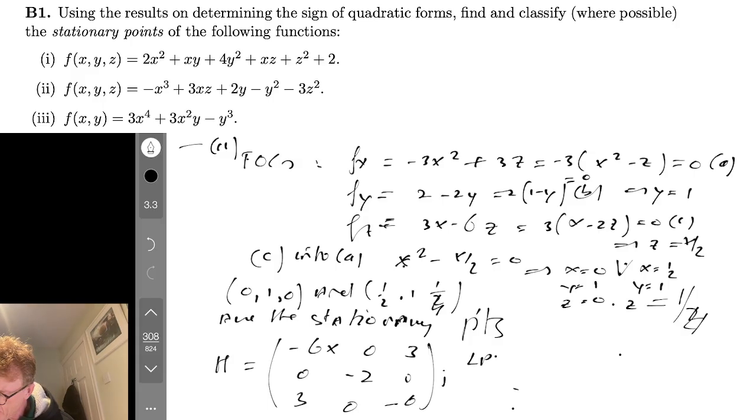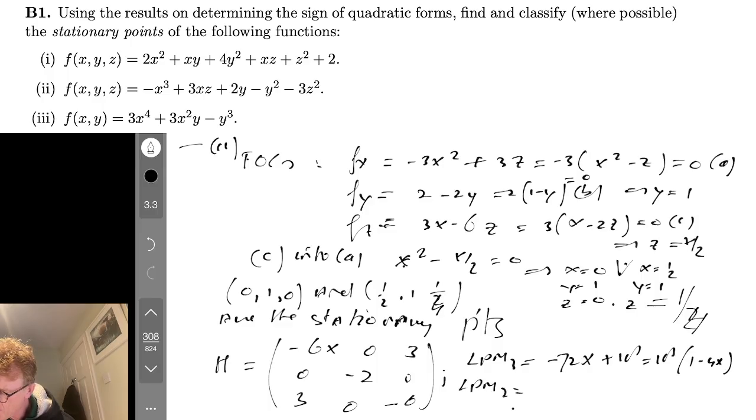So that means that LPM 3 is 18 minus 4x.